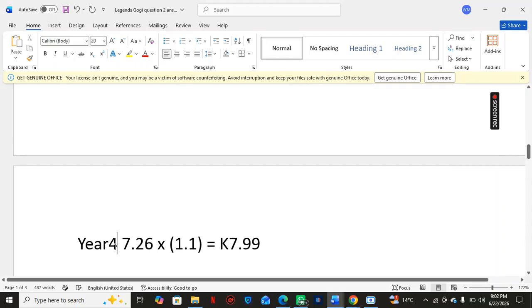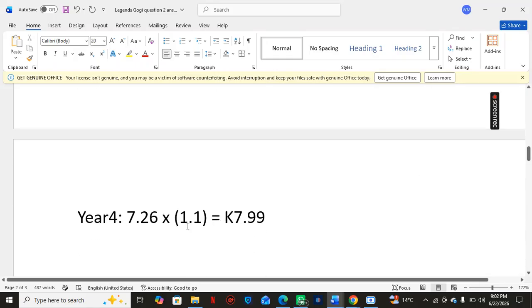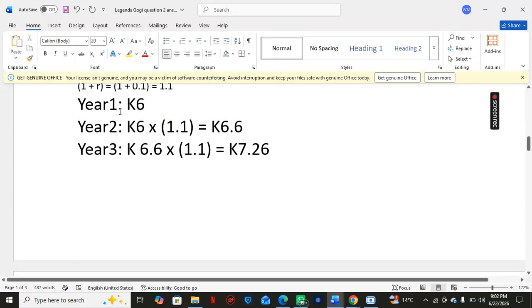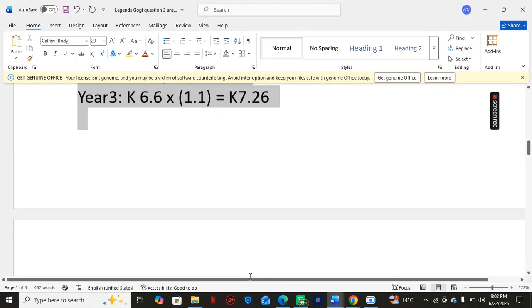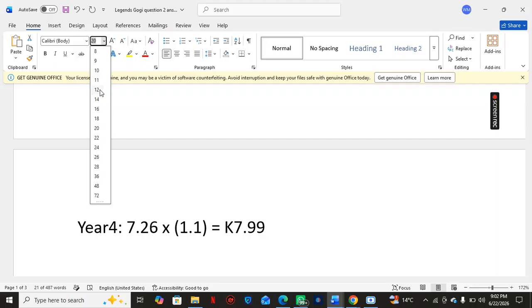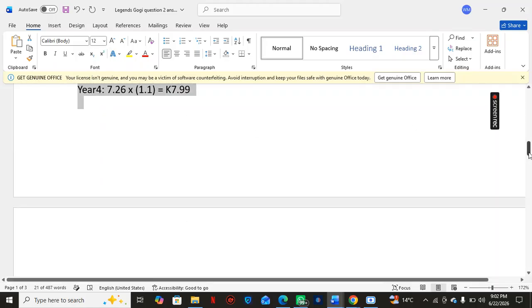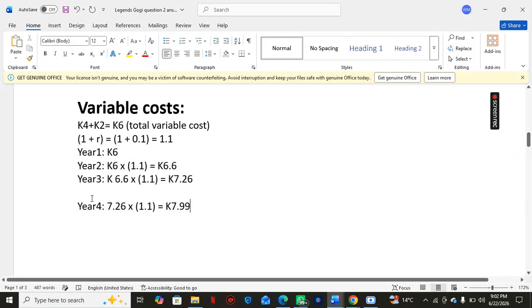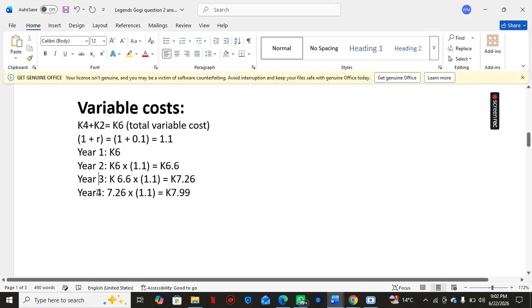Year 4, 7.26 multiplied by 1.1, 7.99. Those are the variable costs from year 1 to year 4. Okay, any questions on this? Are we clear with that?